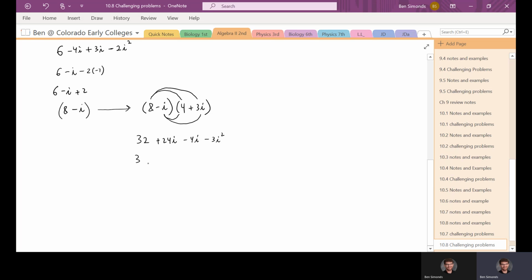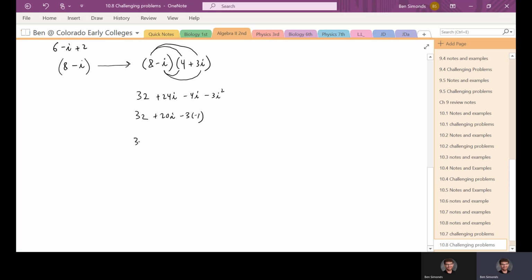So we have 32 plus 20i, right, because 24 minus 4 is 20, and then negative 3 times a negative 1 gives us plus 3. So that gives us 32 plus 3, or 35 plus 20i. So there's our final answer.